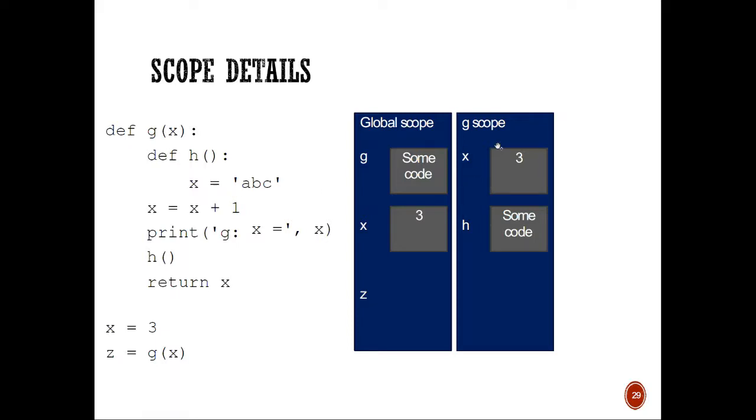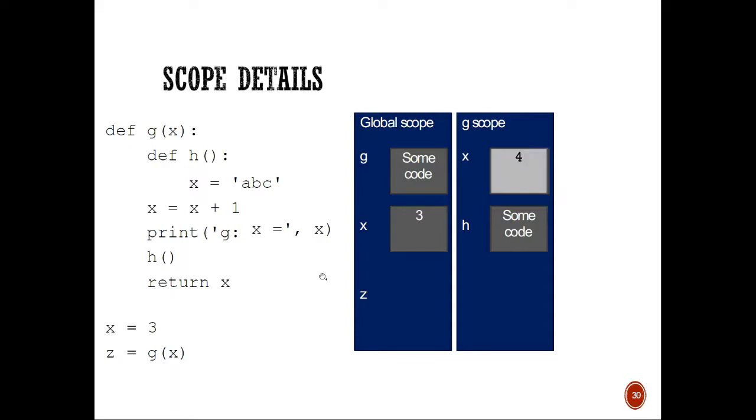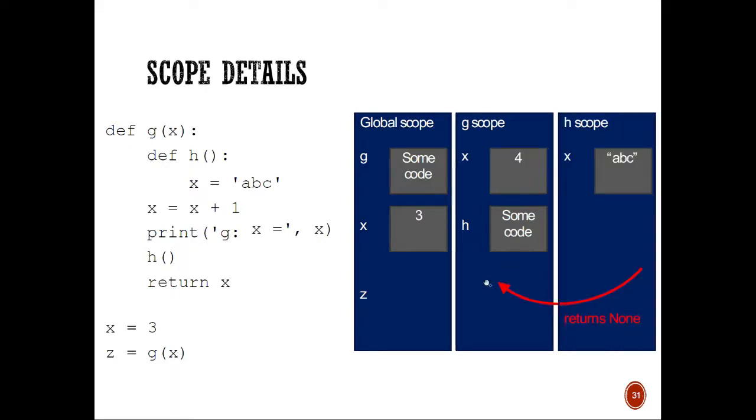Within the scope of g, x is set to 3 because it takes the variable x as an input, and then we have another bunch of code which is h. Now we did a modification for the variable x, so x within the scope of g becomes 4, and then we still have some code for h, and then we return x.